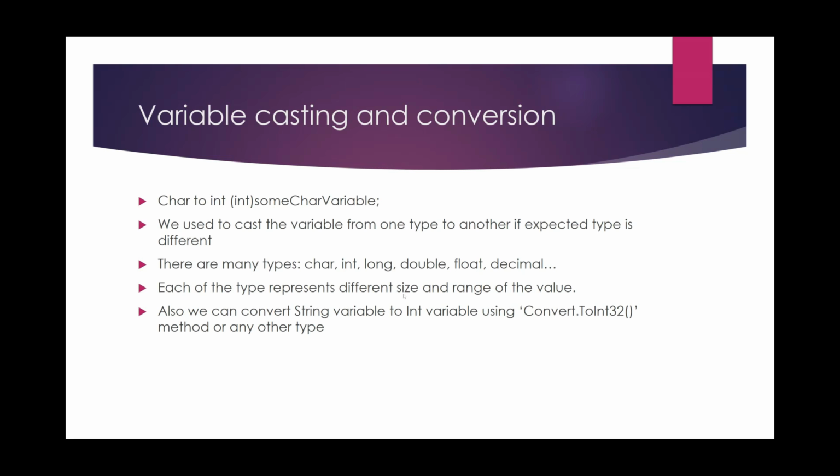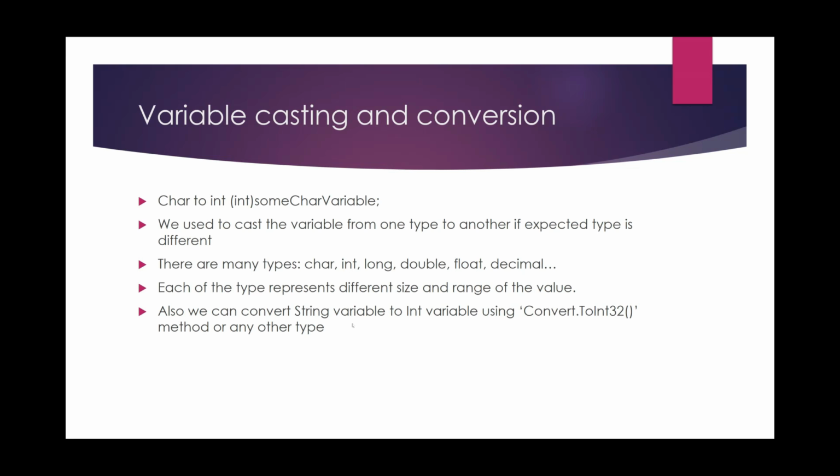For example, for values from our keyboard, we can simply use char, because we don't need, for example, float or decimal values for a key. Decimal, float, or double can be used, for example, when we assign prices.